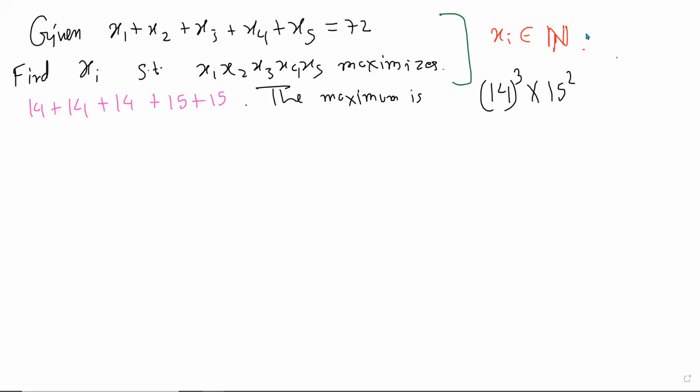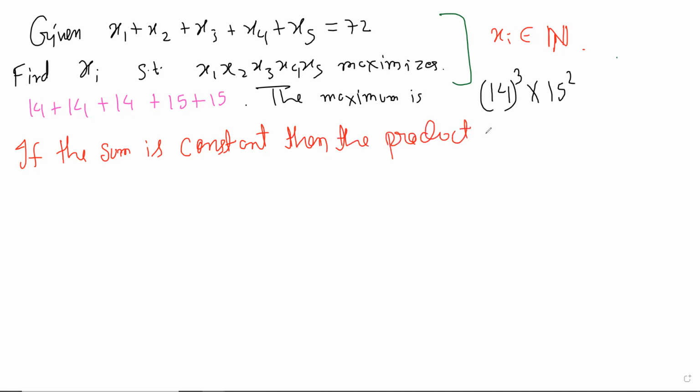So if the sum is constant, then the product maximizes when the numbers are equal.